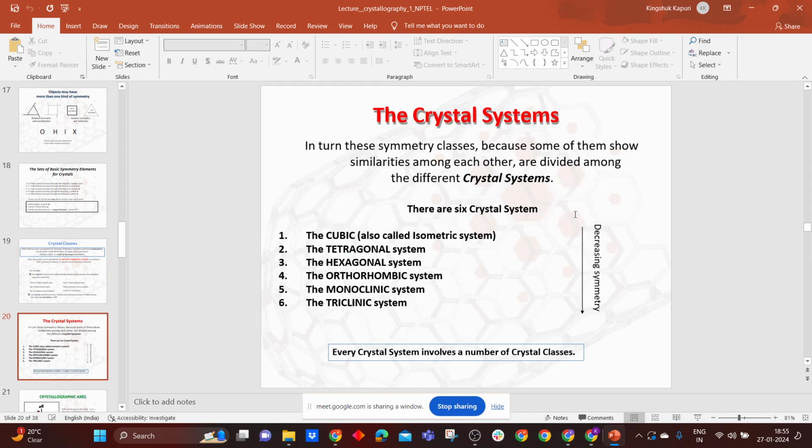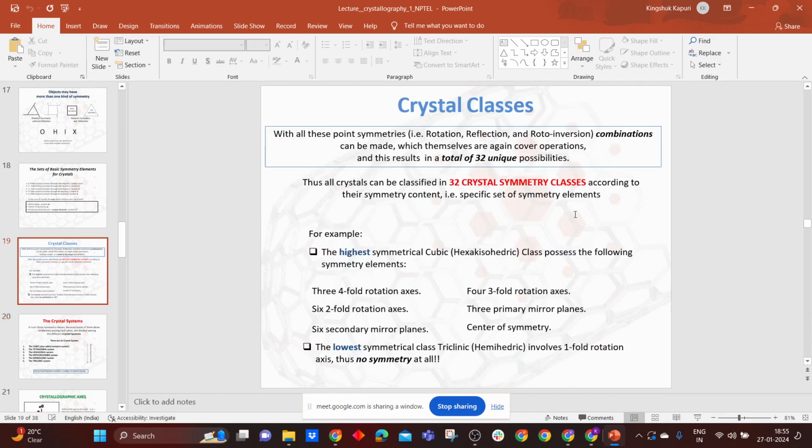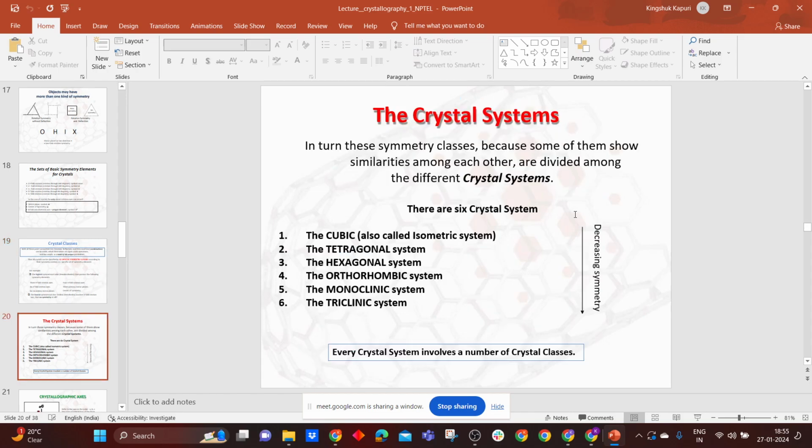Now let's move to the crystal system, right? As you know, there are 32 crystal symmetry classes which exist in this universe, and the lowest symmetry is shown by the triclinic system, and the highest symmetry is shown by the cubic or isometric system. So there are mainly 7 crystal systems.